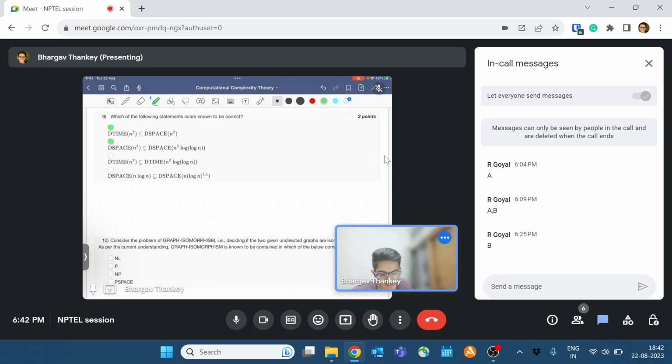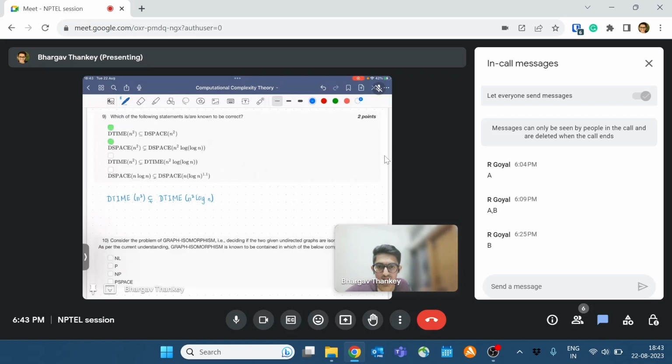Wait, for the time hierarchy theorem, we need D time n square to be strictly contained in D time n square log n, right? And over here we have n square log n. Then will it make a difference?